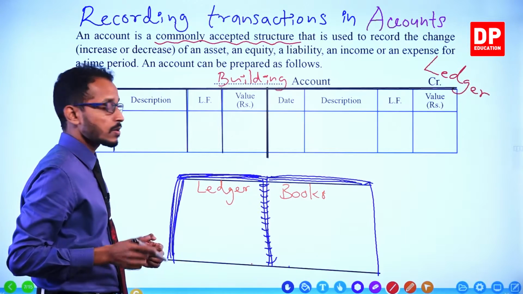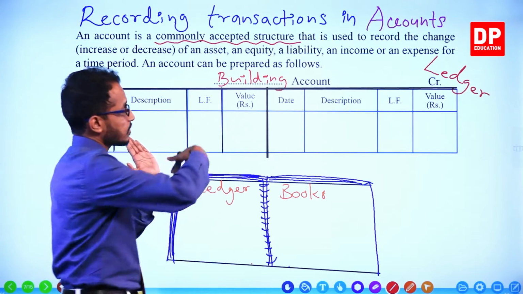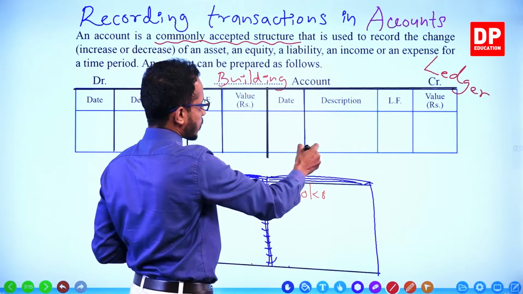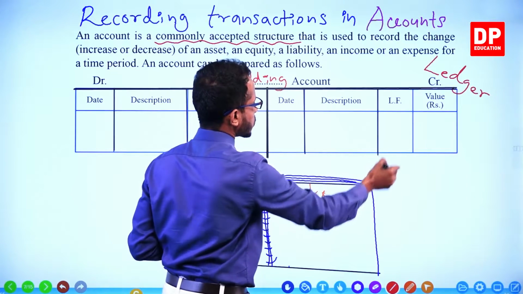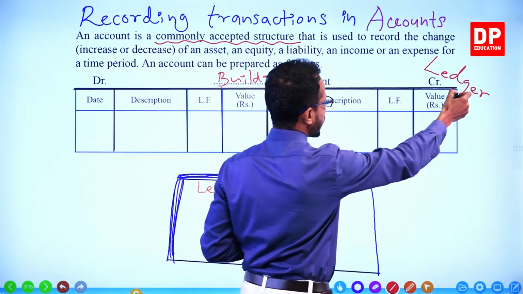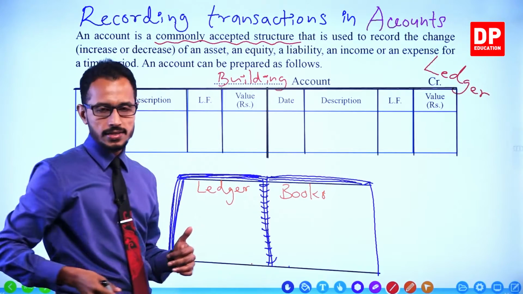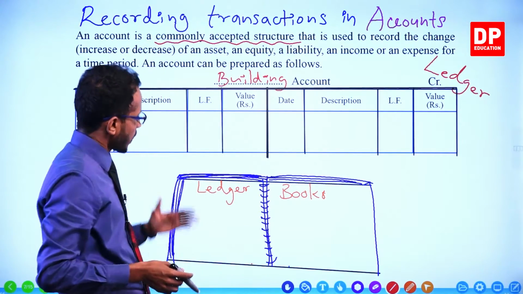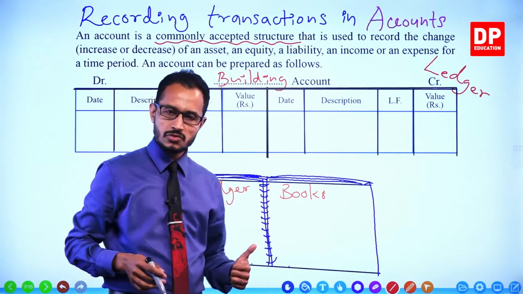So this is the left hand side. The right hand side is also the same. One column for the date, one column for the description, and a small column for ledger folio. Finally, the column for value. This is the format of a ledger account. You must practice to draw this format.